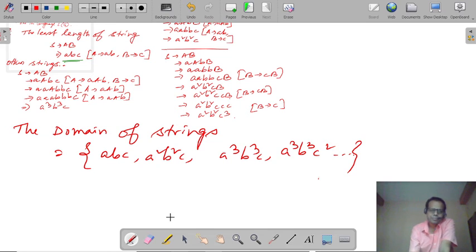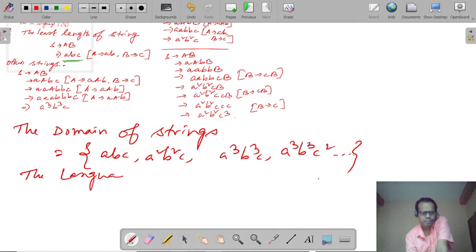So what will be the language corresponding to this grammar? The language for the grammar, that is L of G, is equal to ABC.